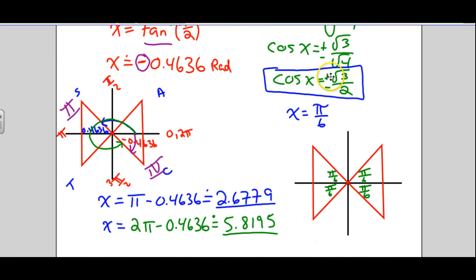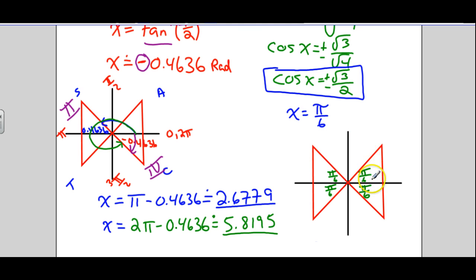So once we know what we're looking for here is a ratio, we want to recognize that root 3 over 2 is the ratio for cos of pi over 6. And the fact that we have a positive and negative here means that we know this base ratio will appear in all four quadrants. The fact that we need the positives and the negatives means that we're actually looking for a solution in each of the four quadrants.